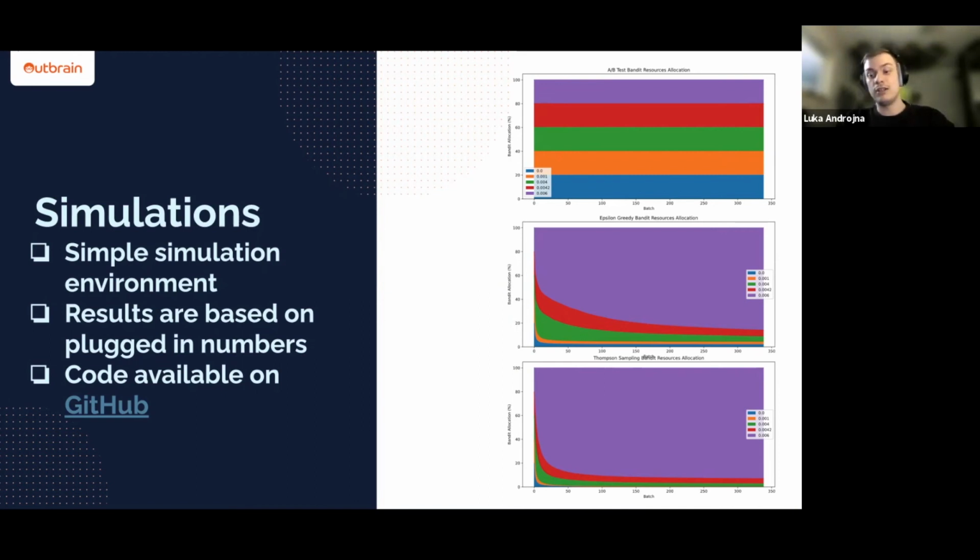They don't really represent exactly what we are seeing on our end. They might also not represent your state, but the code is available on GitHub. The link is also in the description of this talk, so you can open it, change the factors a bit, and see how it would perform if you did something similar.